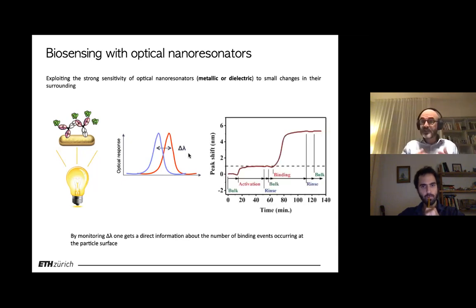And it is precisely by monitoring the change in the peak position over time that we're going to be able to get the information about the actual amount of molecule that is present within the sample. Typically, if you monitor this shift here, it's going to be directly related to the concentration of the analyte.